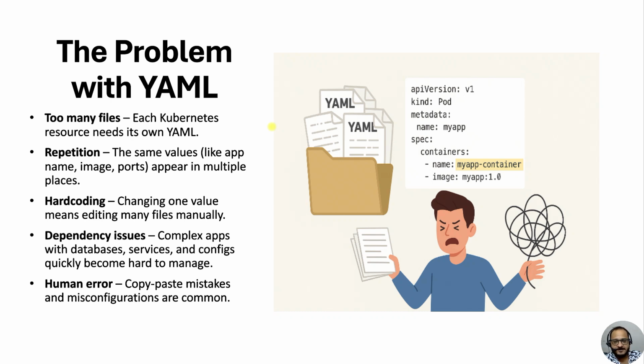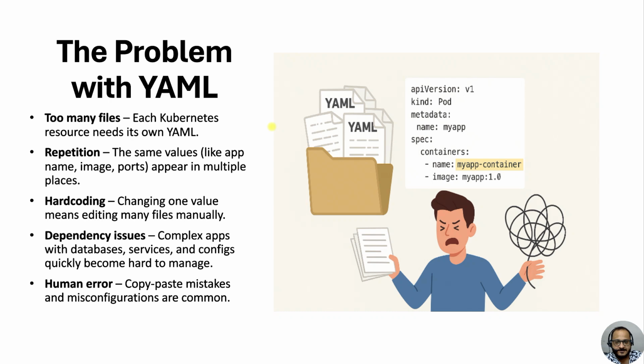This is a very simple example, but at production level you will have maybe 15 to 20 YAML files to deploy resources on Kubernetes clusters for a single environment. So it becomes very complicated to manage those YAML files.